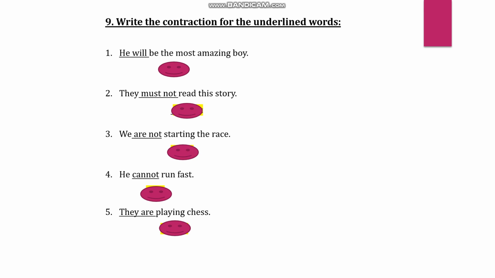So, we delete some letters from the second word, and change what we have deleted with an apostrophe. Okay? Number 1, he will. We have he and we have will, and we want to make them one word. We will not touch the first word.